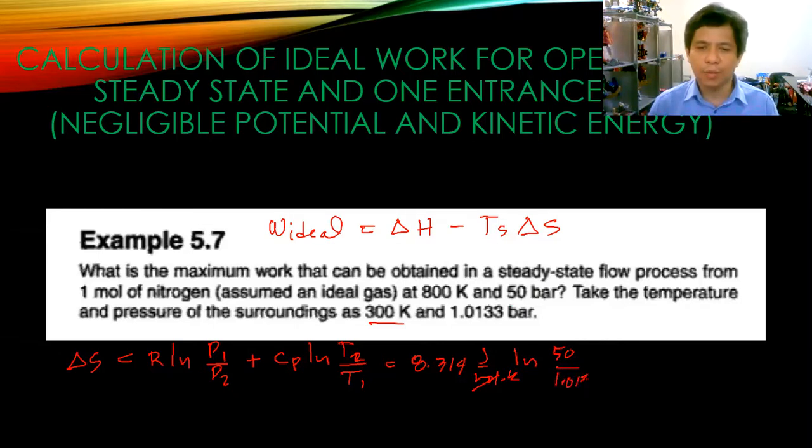Then plus Cp, which is 7.5 times 8.314, times ln, the final temperature of 300 Kelvin divided by 800 Kelvin.